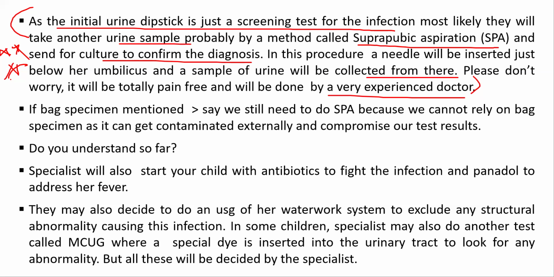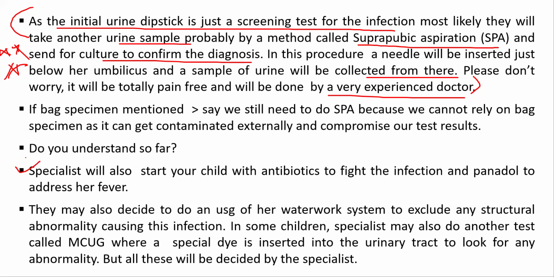So that's why it is needed, and that's the only way that we can get a confirmatory test for a less than 12-month-old child. Okay, so you have to say something like this so that parents understand why you are saying that the child needs suprapubic aspiration.